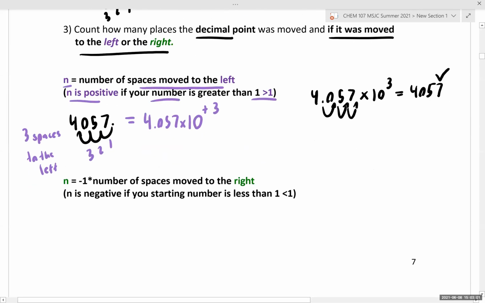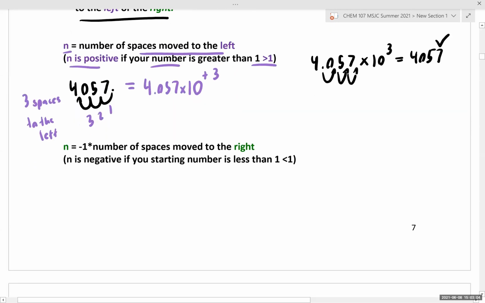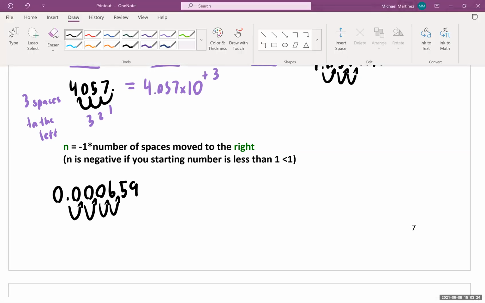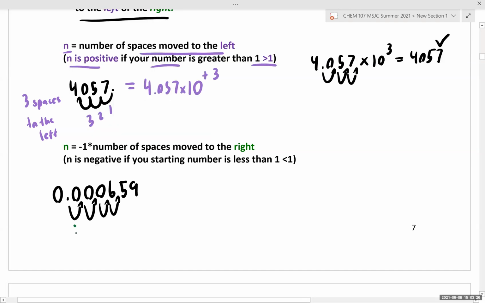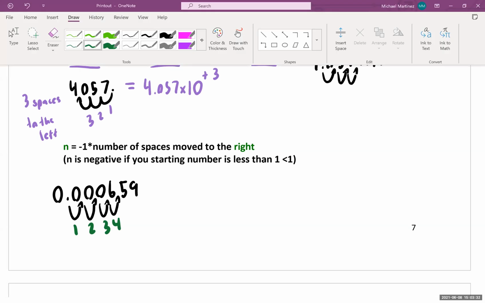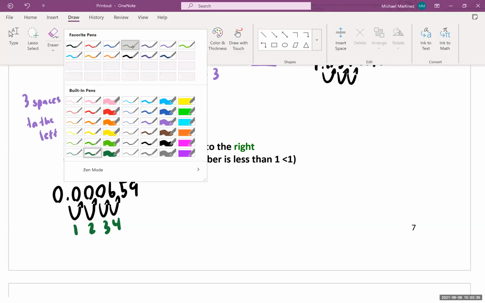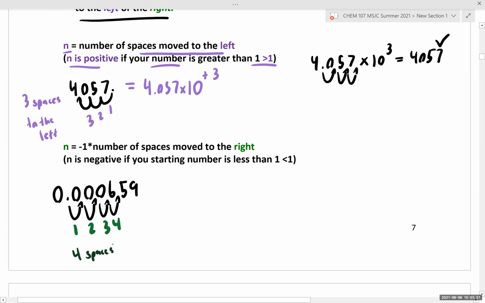Let's look at an example where we have a negative exponent. Suppose we have 0.000659. In this case, we have a number that's clearly less than 1. We move our decimal point until we get a number between 1 and 10. That requires moving our decimal point a total of 1, 2, 3, 4 spaces, to the right.